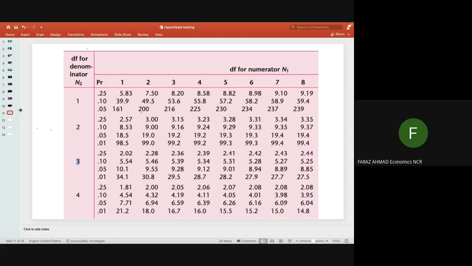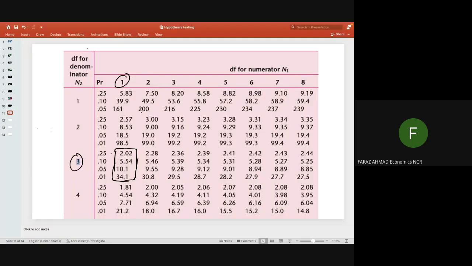All right, so we will see where 1 degree of freedom in the numerator and 3 degrees of freedom in the denominator intersect. The intersection is these 4 values. So we have values in sets of 4, right? For example, for 5 degrees of freedom in the numerator and 4 in the denominator, we have this set 2.07, 4.05, 6.26.